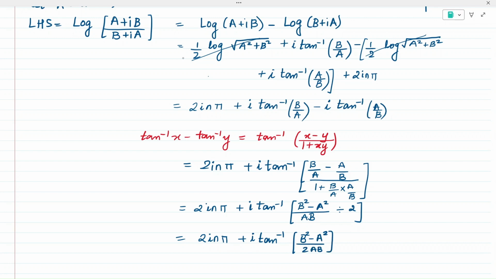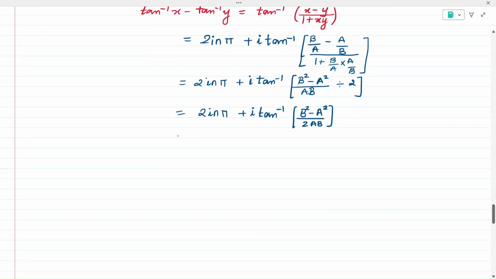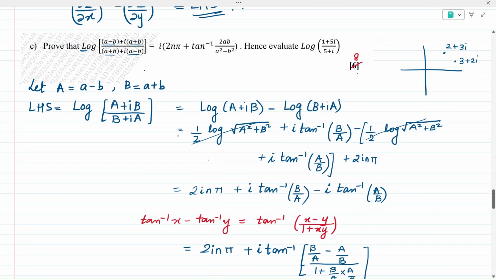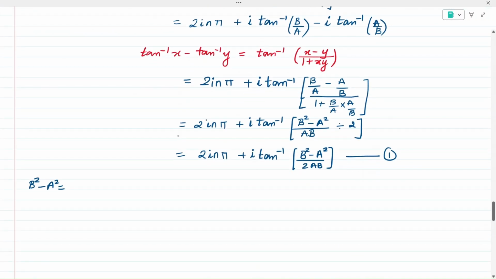Okay, let's leave this here and calculate b square minus a square and ab separately. So इसको इक्वेशन 1 छोड़ देंगे यहाँ पे. b square minus a square, तो b and a की वैल्यू जो हमने अज्यूम की थी स्टार्ट ऑफ द सम में, capital A is a minus b and capital B is a plus b. So let's substitute.